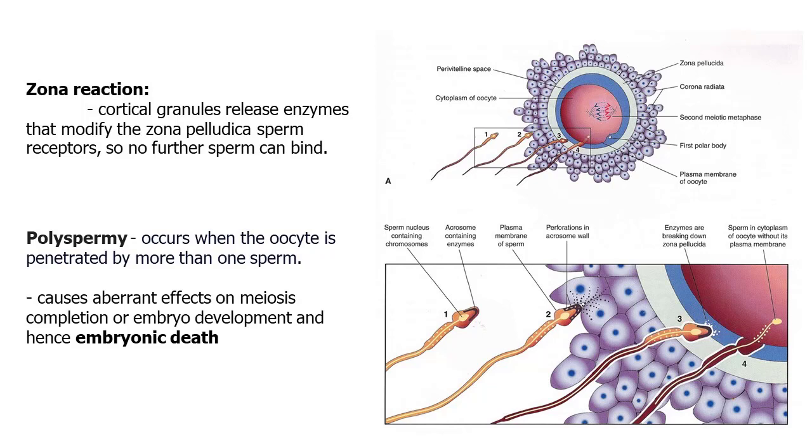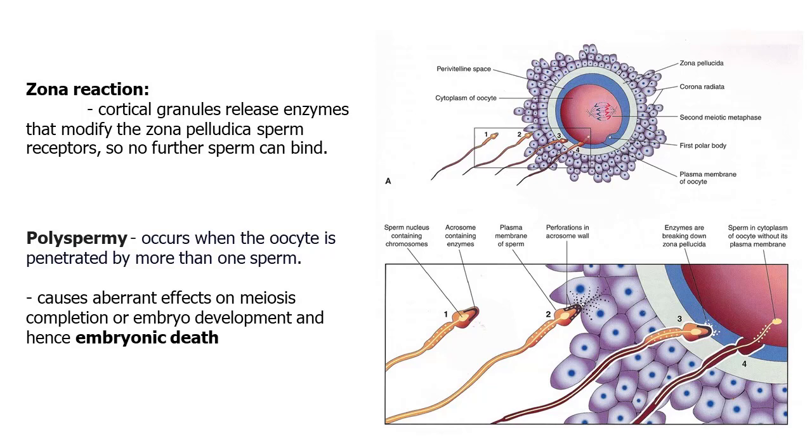This causes the release of enzymes within the egg that convert those zona pellucida carbohydrates and proteins to being non-receptive to the sperm. That is called the zona reaction, and it prevents more than one sperm fertilizing the egg, which would be polyspermy.